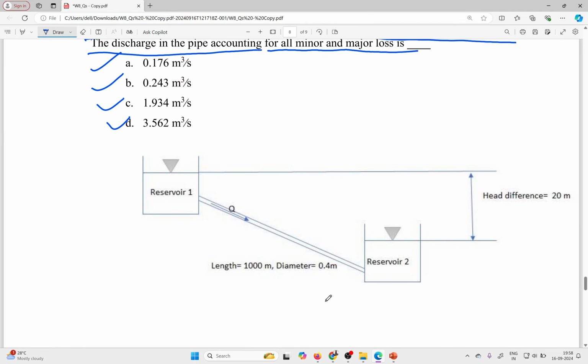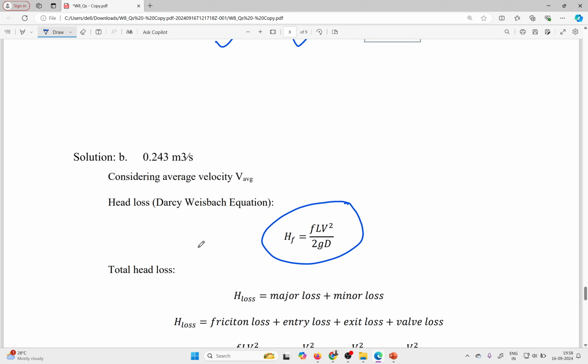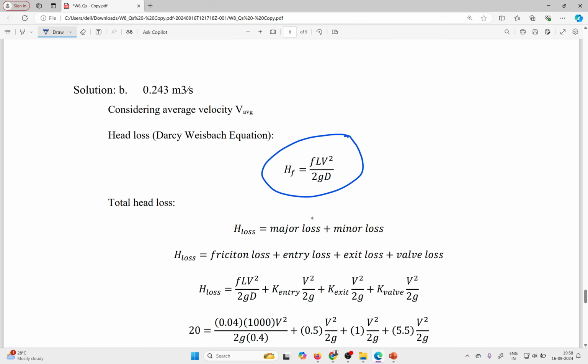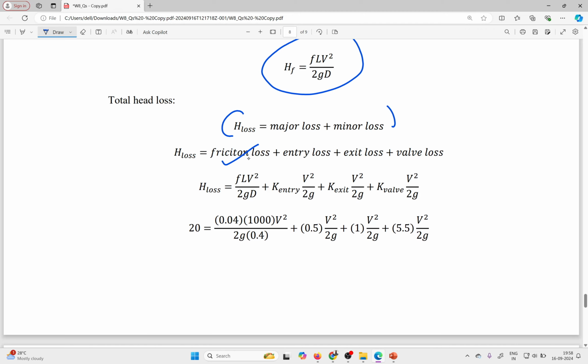So the question is like that. Connected with the reservoirs, head loss is 20 meter. Length is 1000 meter, diameter 0.4 meter. The friction factor you know already: f L V square by 2 g D. Then the minor losses, total loss is minor loss plus major loss. The friction loss is the major loss; then entry loss, exit loss, and the valve loss.